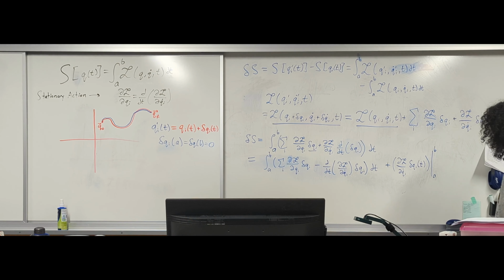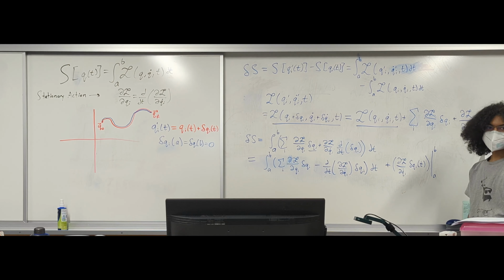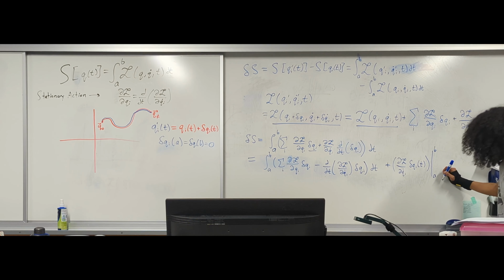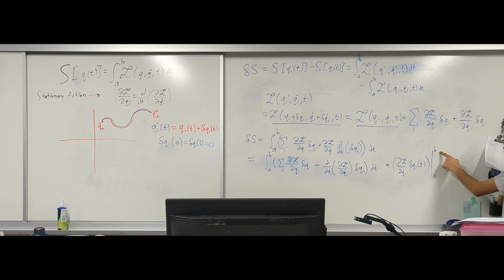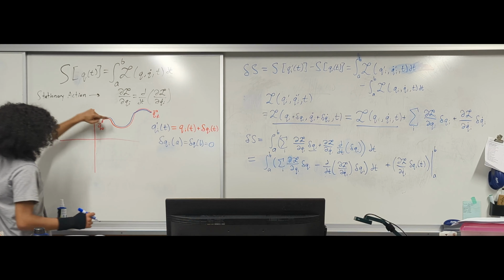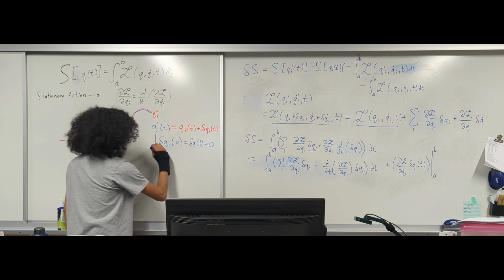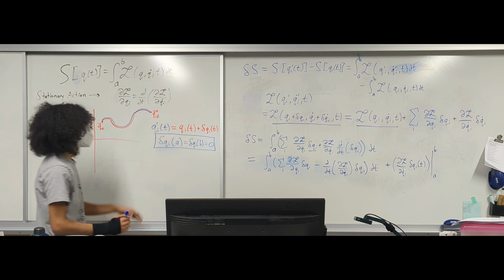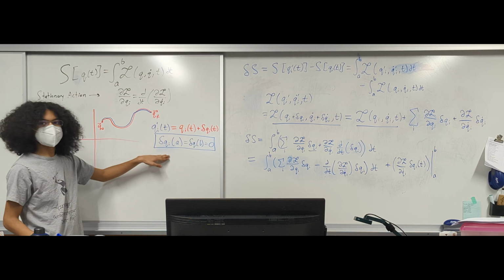So we often call these boundary terms. Hopefully it's clear why, because they're evaluated at the boundaries. And if you look closely, we're going to plug in b and a for the time t. But remember what we said, because we're fixing the initial and final positions, the variation of the trajectory at these times is 0.